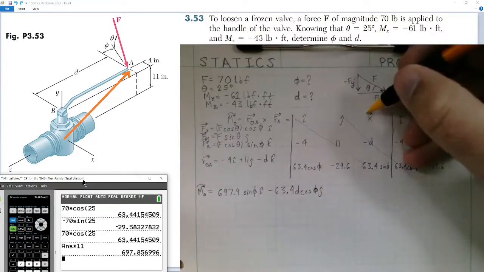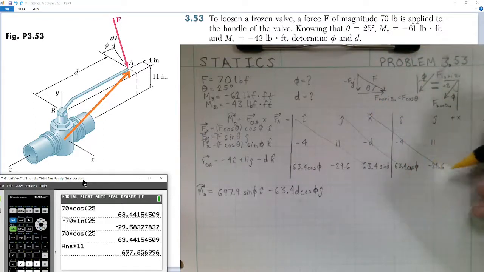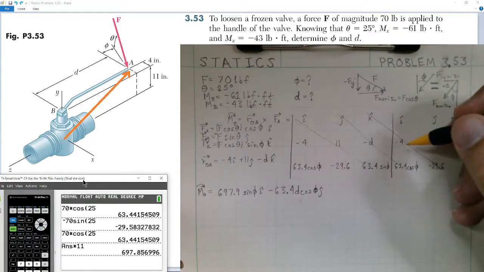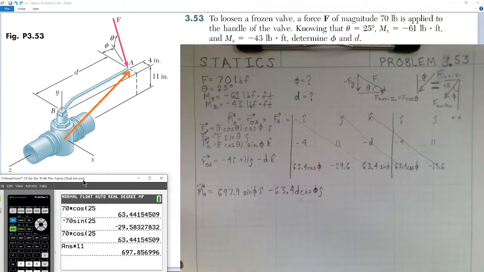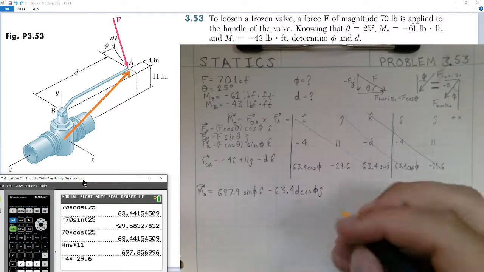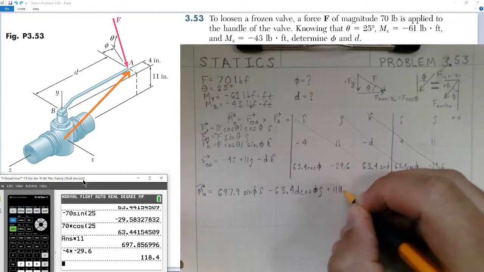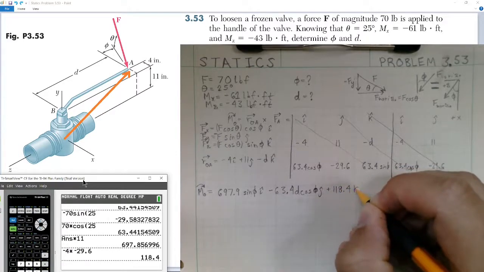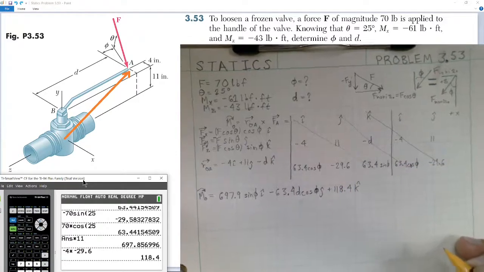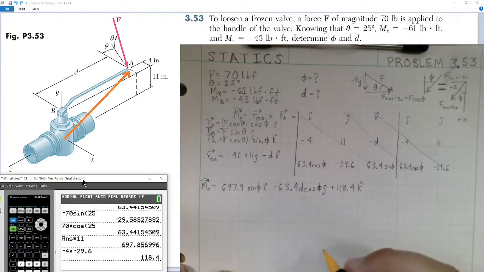Next, we're going to add these components, -4 times 29.6. So we have -4 times -29.6, which will give us a positive. In the k direction, it will be positive 118.4 k hat. Now we're going to subtract.